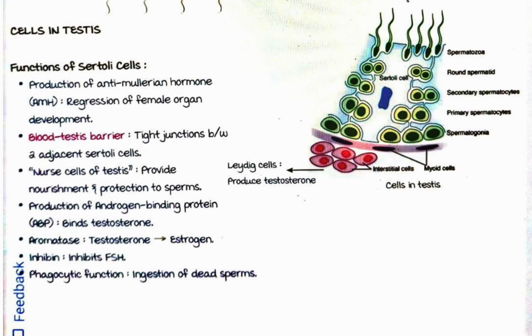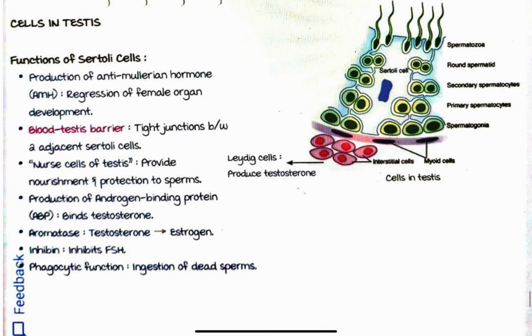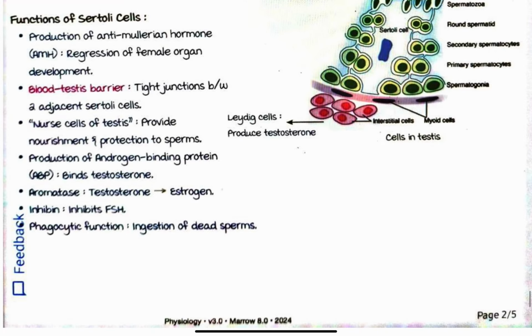Cells in the testis, functions of Sertoli cells. Leydig cells produce testosterone; also interstitial cells, myoid cells, spermatogonia, primary spermatocytes, secondary spermatocytes, round spermatids, spermatozoa, Sertoli cells. Functions of Sertoli cells: production of anti-Mullerian hormone, AMH, reducing female organ development.